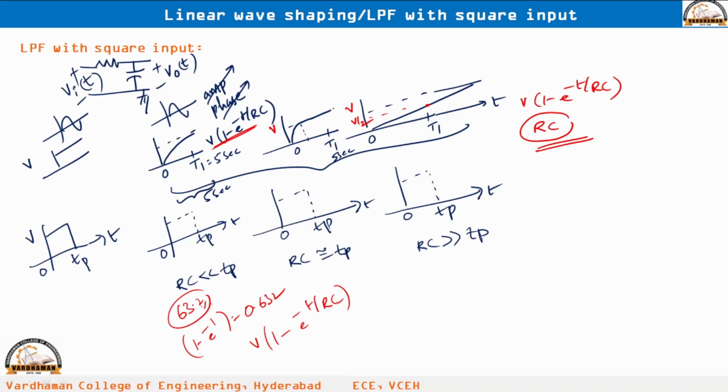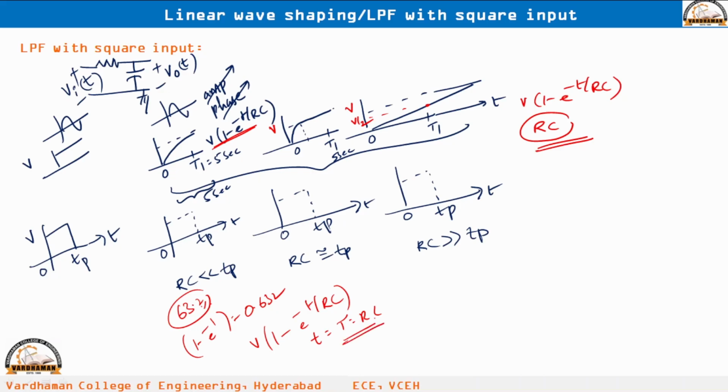RC is fixed, e is fixed, 1 is fixed, capital V is fixed, but t is the variable. So if you take t equal to tau, that is equal to RC, then t by RC is 1, that means 1 minus e power minus 1, whose value is 0.632 times V. That means 63.2% of V is obtained once one time constant of time is completed.